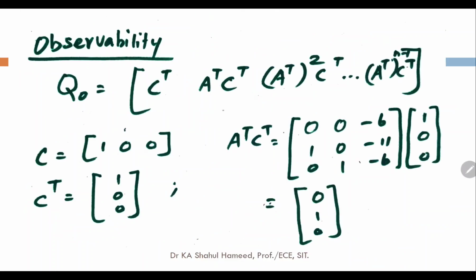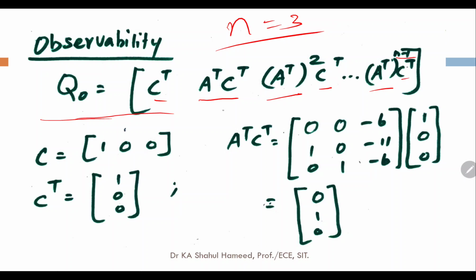For observability, we have to form a matrix, that is Q naught is equal to C transpose, A transpose C transpose, A transpose square C transpose, and it will go up to A transpose n minus 1 into C transpose. Here n is equal to 3, because the order of the system and number of state variables is equal to 3.